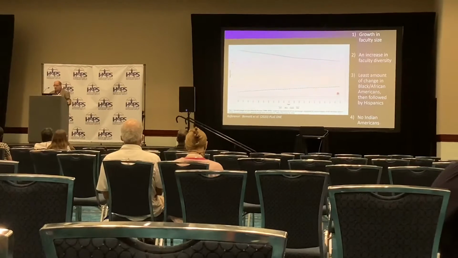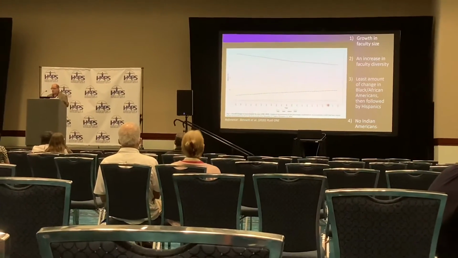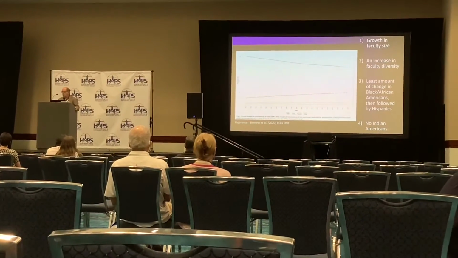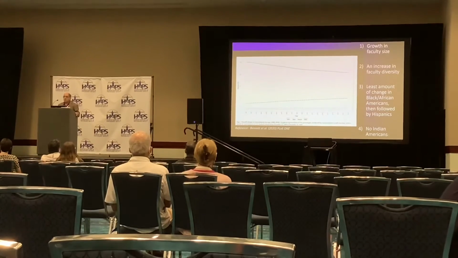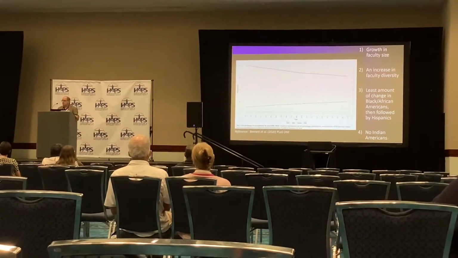If we go down here, the group that has increased the least is African Americans. And again, no Indian Americans are even represented in any of the graphs of any of the journals that I looked at.